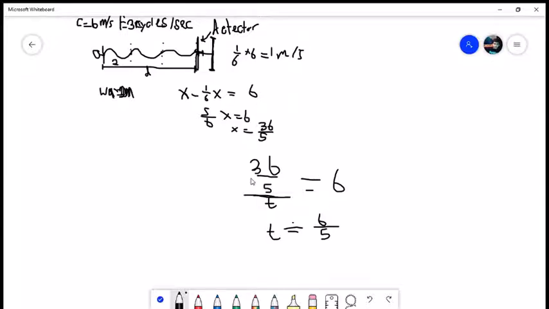So you don't even need the speed of light, you need the ratio of the detector to the speed of light, which is 1 over 6. And if this is the actual time that has passed, that means when the detector on Earth measures this time, then this detector will measure 1 second.